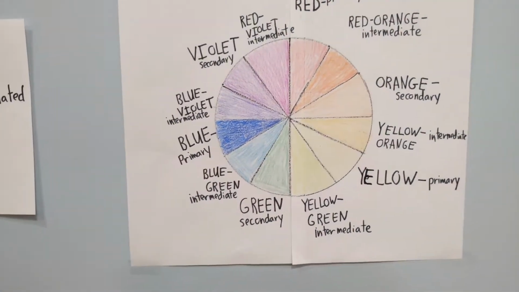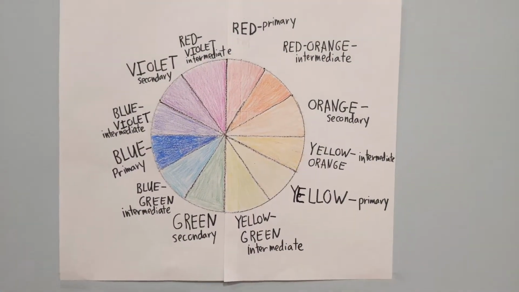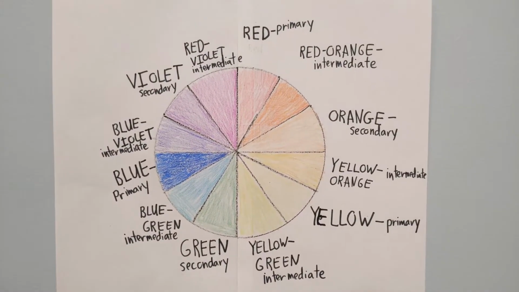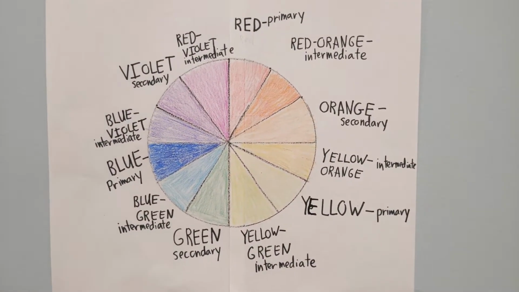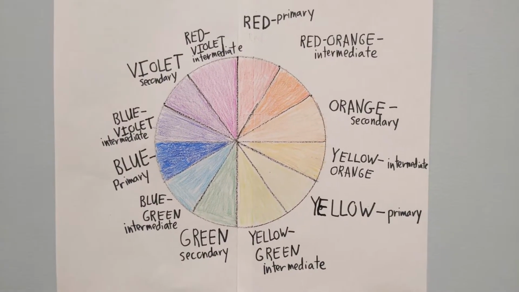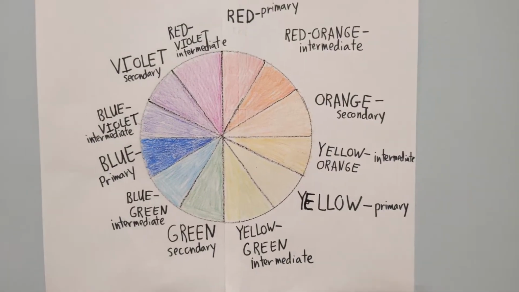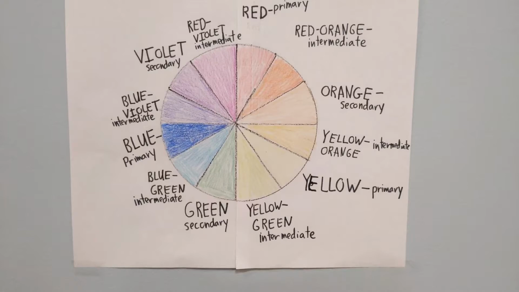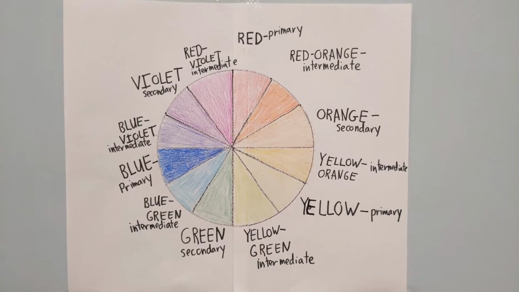So right now what I want you to do is get a sticky note out or just a few scraps of paper, and write down these 12 colors. You don't have to write down whether they are primary, intermediate, or secondary. You could if you'd like to, but just write down those 12 colors.